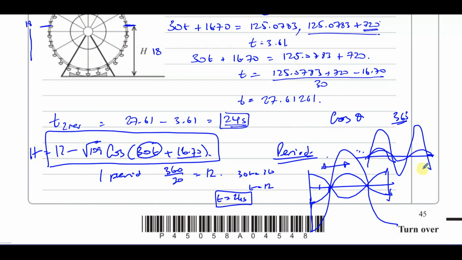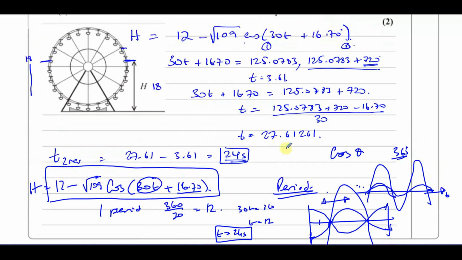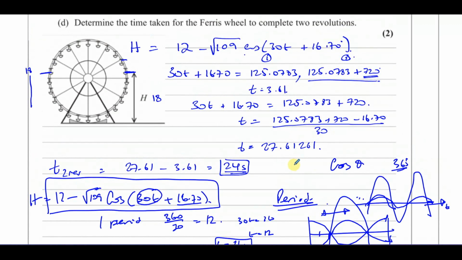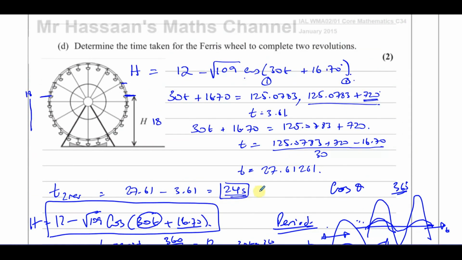Okay, so here the angle axis is now the time axis, so every 12 seconds. So 2 revolutions will be 24 seconds, as we found when we did the method that I used. So either of those 2 methods are perfectly fine, and you get the right answer.